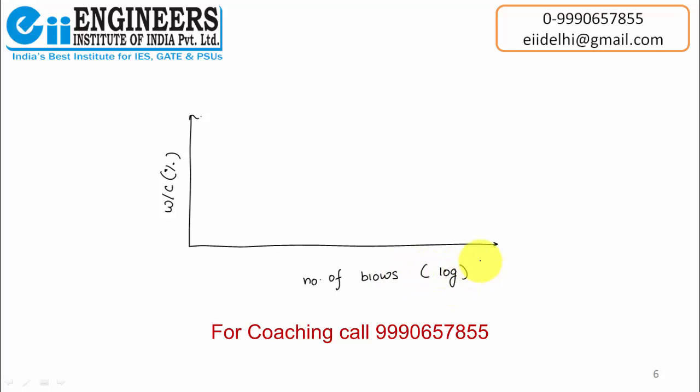On log scale, when we draw a line, it comes as a straight line, and this straight line has an equation W1 minus W2 equals IF log base 10 N2 upon N1. You can see here W1 minus W2 and here N2 upon N1.